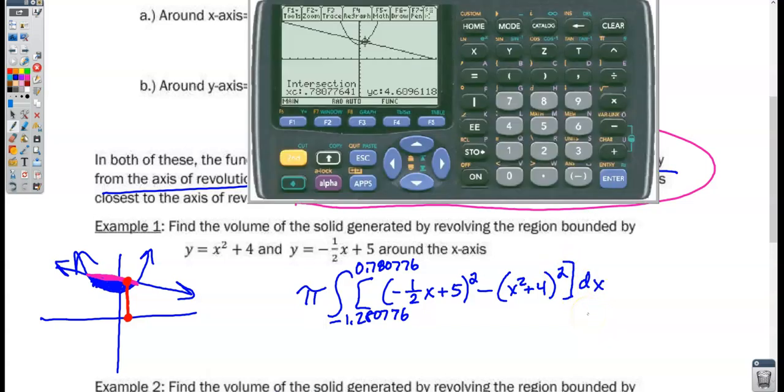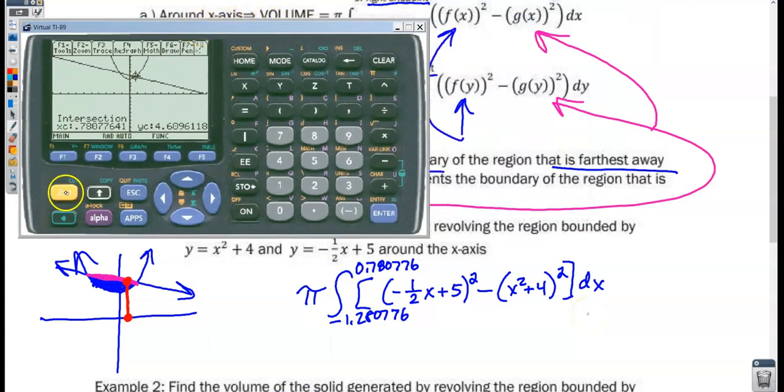So I break out my handy dandy calculator, and I've got everything set up right.